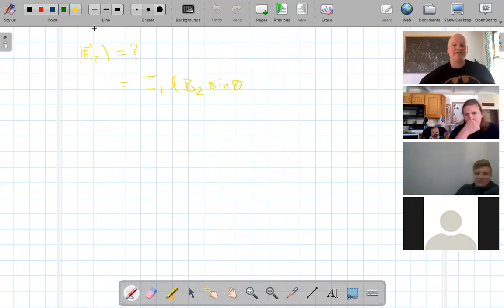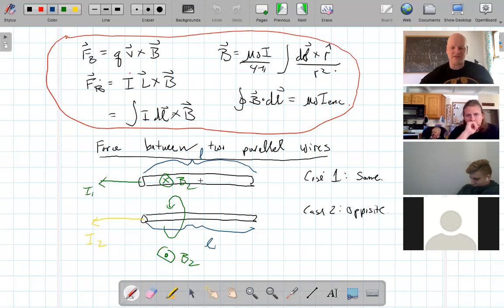So in this case, the angle between the two is simply 90. So here we know that theta equals 90 degrees, which means that this is going to be equal to I1 times L times simply B2. But B2 is that from a straight wire, so we know B2 is going to be mu naught I2 divided by 2 pi d, where d in this case is the separation distance between the two wires.